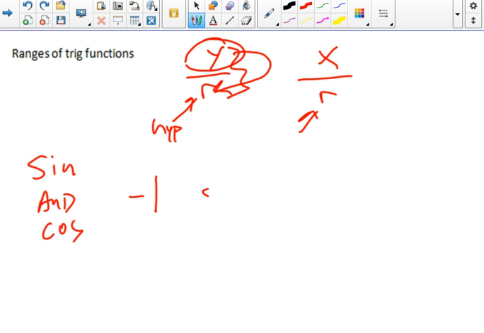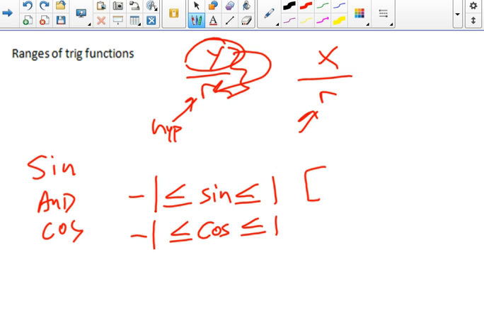The sine of any angle will be bigger than or equal to -1, and smaller than or equal to 1. Cosine, same deal. The range of the sine and cosine function is between 1 and -1. We could just put it like this: -1, comma 1, interval notation. So this is the range of either the sine or the cosine function.